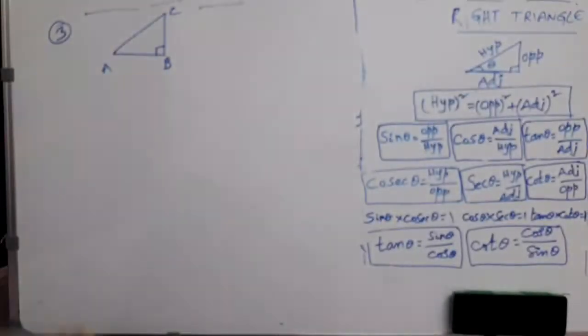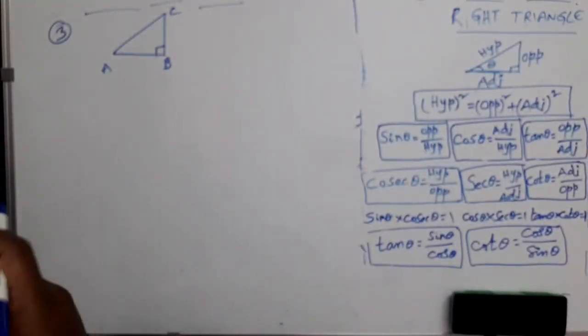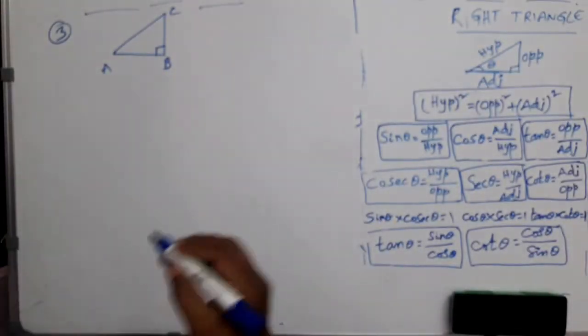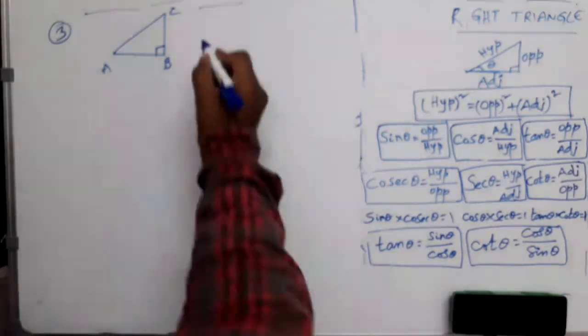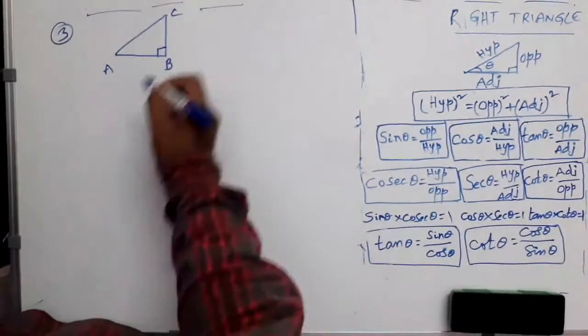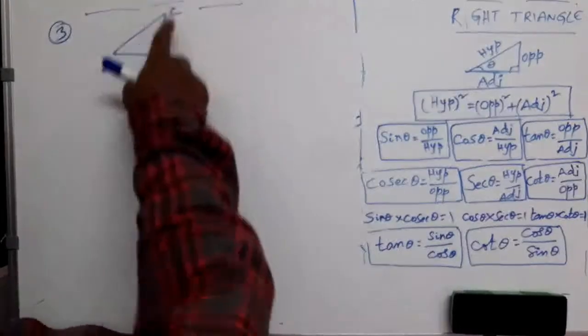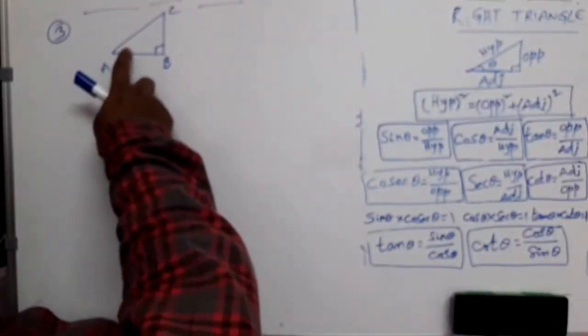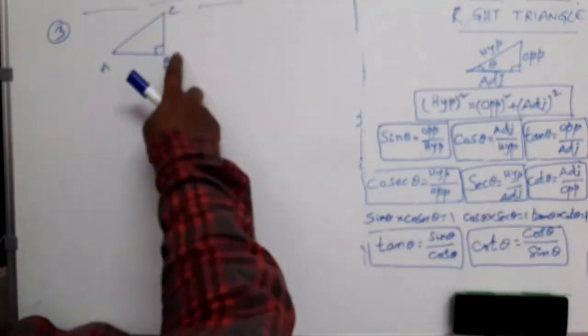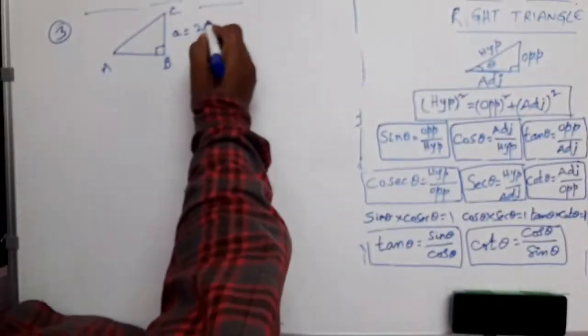So let us say this is the triangle ABC and the other vertices are A and C. Here he is using this notation. See, small a is the side opposite to angle A. This is angle A. Opposite side is this one, that is BC. BC is small a. That is the notation we use in trigonometry. That is given as 24 units.